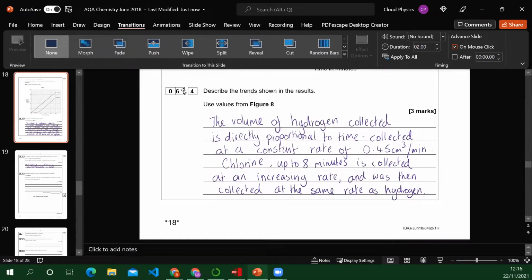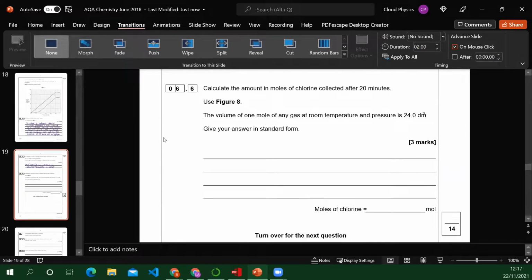Centimeters cubed, so you need a conversion. 6.6 centimeters cubed of chlorine gas produced.